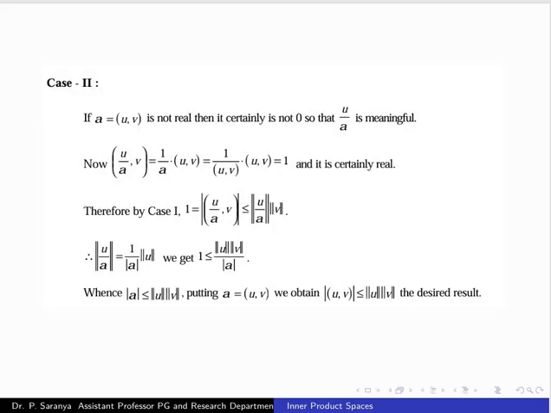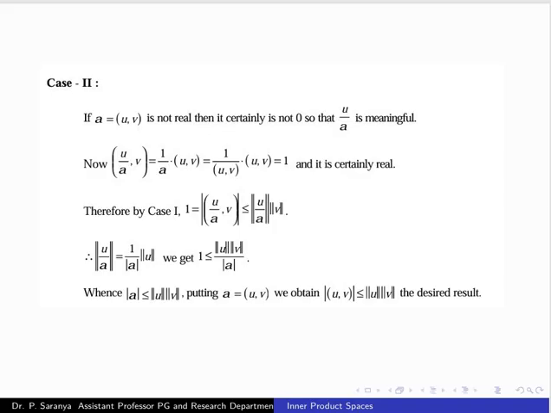Therefore, by case 1, 1 which is equal to modulus of inner product of u by a comma v, less than or equal to norm u by a times norm v. Therefore, norm u by a equals 1 by norm a, 1 by modulus of a norm u.